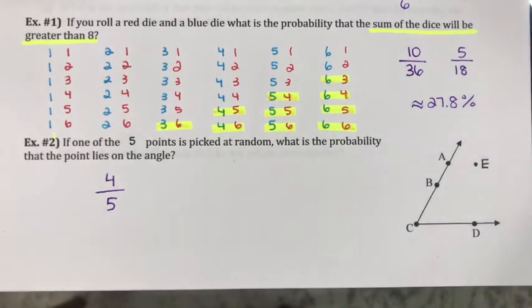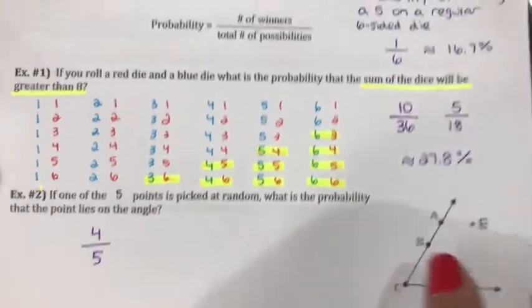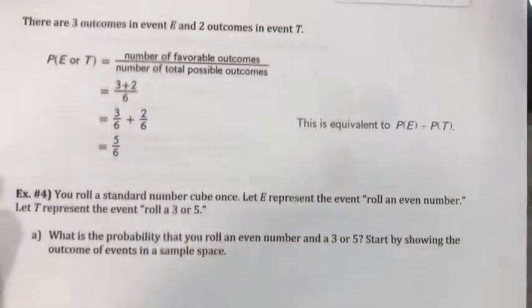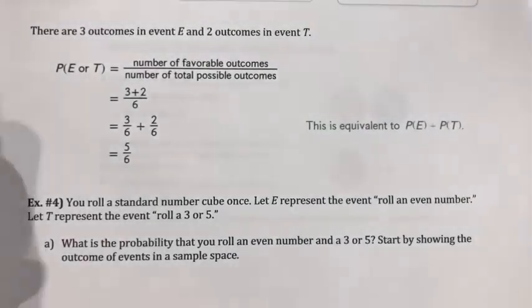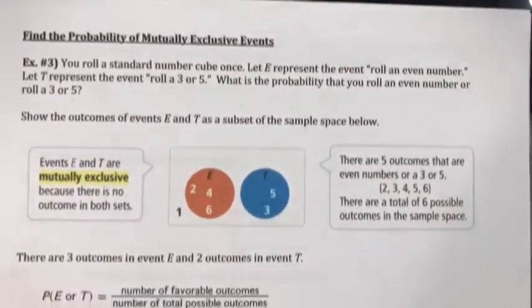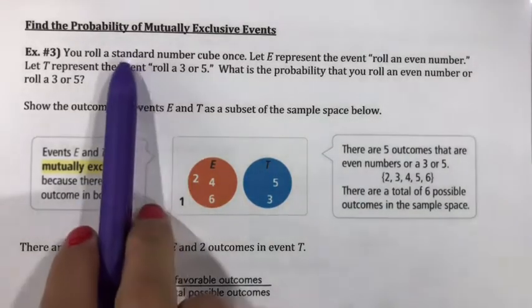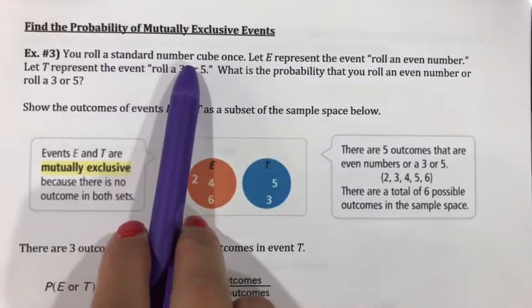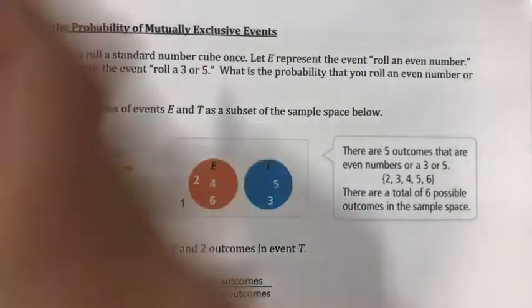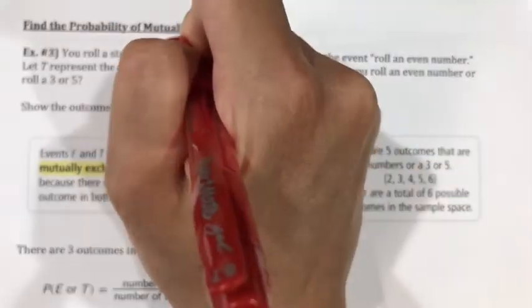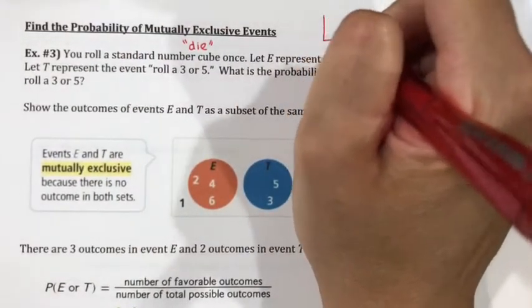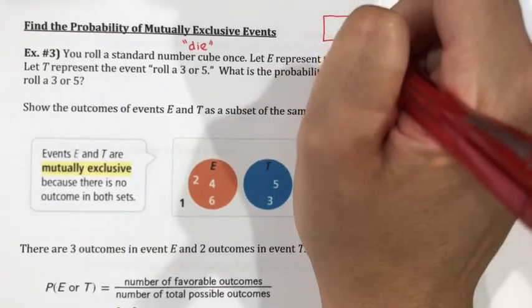Okay, now today we're going to be talking about something a little bit more specific. If we flip to the next page, we're going to talk about the probability of mutually exclusive events. Okay, so let's say you roll a standard number cube, also known as a die. Again, that looks like a little cube.